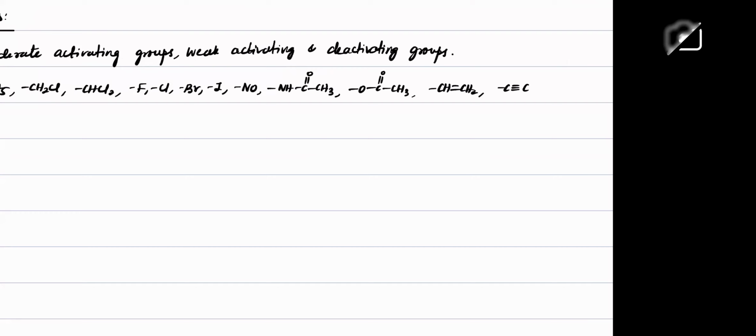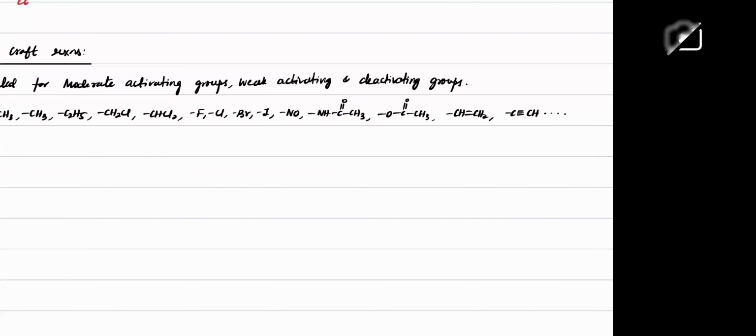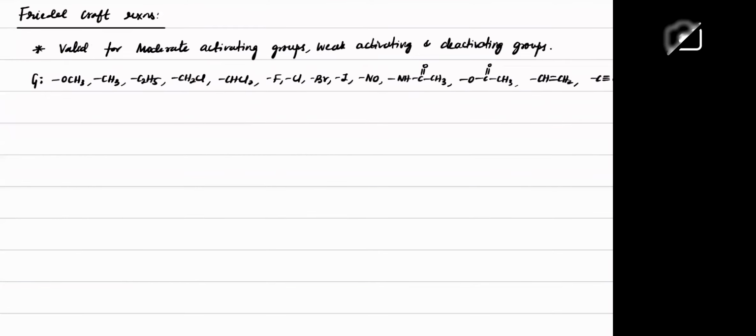When you see these groups, these are the only cases where Friedel-Crafts is valid. Friedel-Crafts does not give any great reactions with either strongly activating or strongly deactivating or moderately deactivating groups.